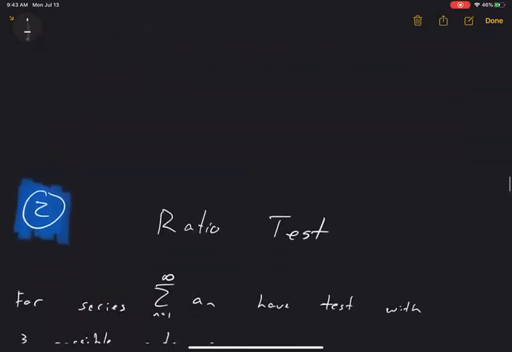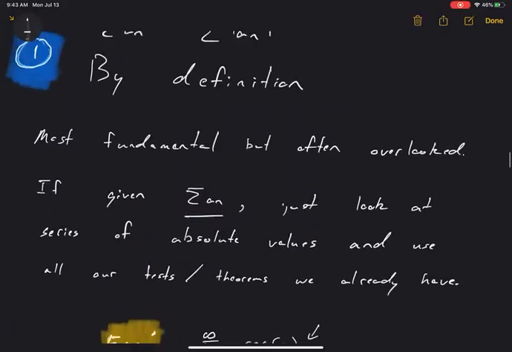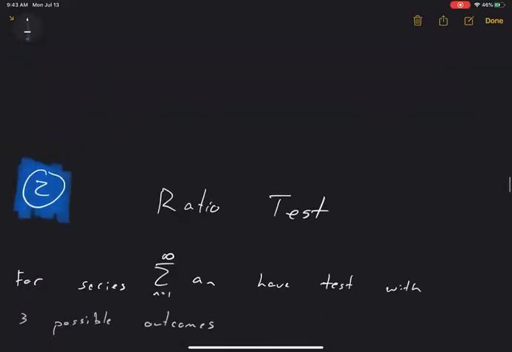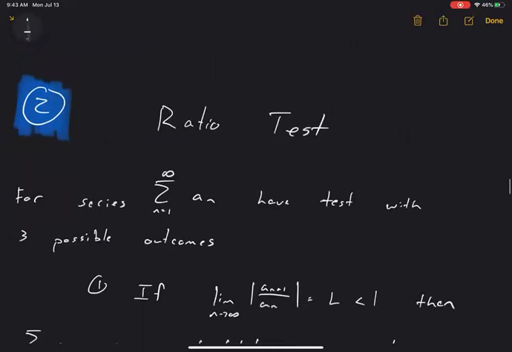The second method to show whether something absolutely converges or not is the ratio test. So now we're developing these nice, convenient tests to use. So this all was just by definition of absolute convergence, right? We would like to develop a nice, convenient test that tells us quickly whether something's absolutely convergent or not.